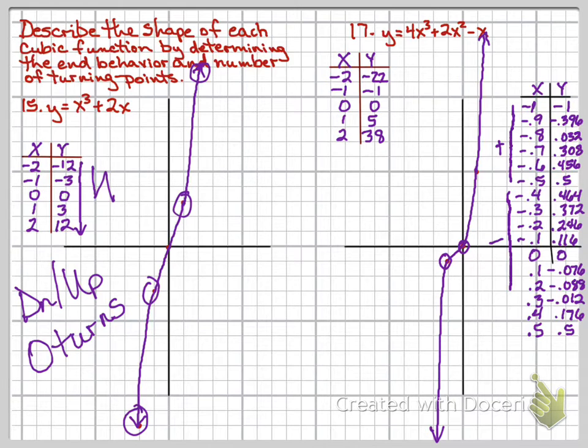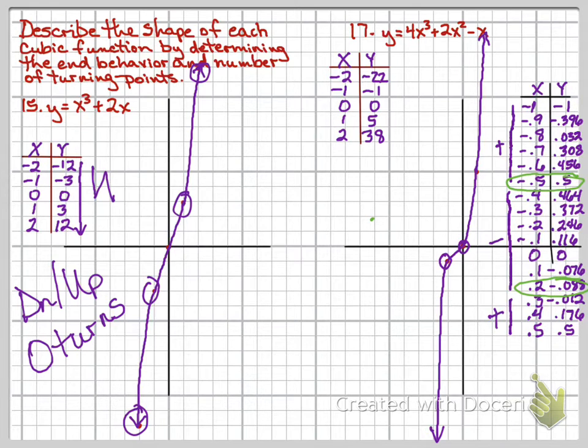And then we make another turn, and at 0.3, all of a sudden we're at negative 0.012, and then 0.176, and then 0.5. So we're going back to the positive side. So we've got a turn here, and we have a turn here. So we actually have two turns.